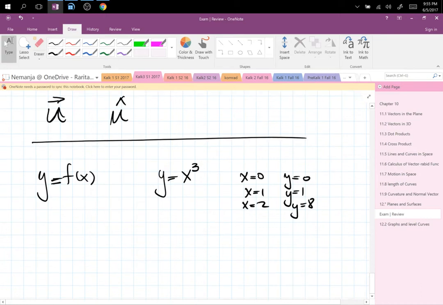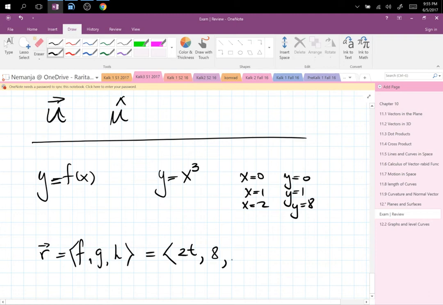Now, if you have a vector valued function, and this is why I pointed out so many times the difference between r and the point. So you have a vector valued function, and let's say it's defined as 2t, and then 8, and then t minus 1. All right, so this is it.